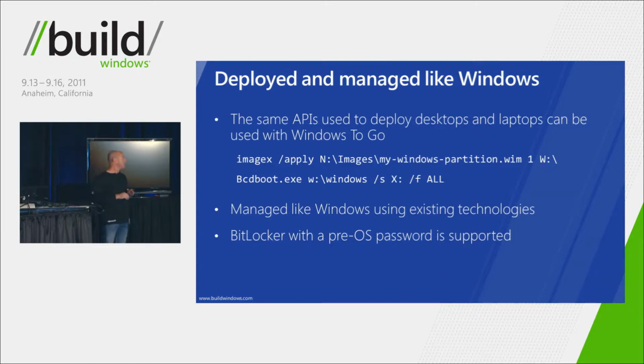So in terms of deployment, it's deployed and managed just like Windows. All of our imaging capabilities that you would find, like ImageX, apply exactly the same way to Windows to Go. The only caveat I would point out is that the roaming firmware option that I mentioned is unique to Windows to Go.